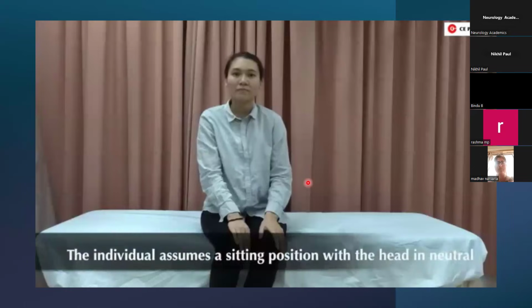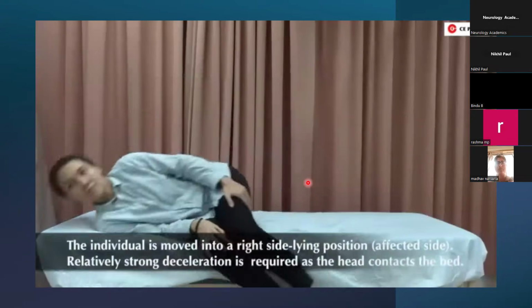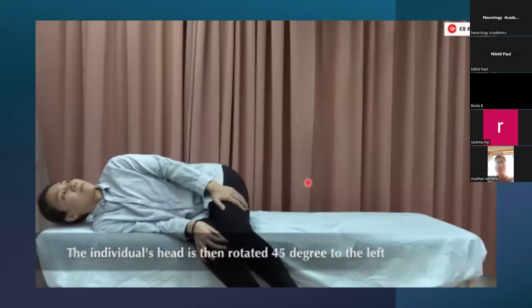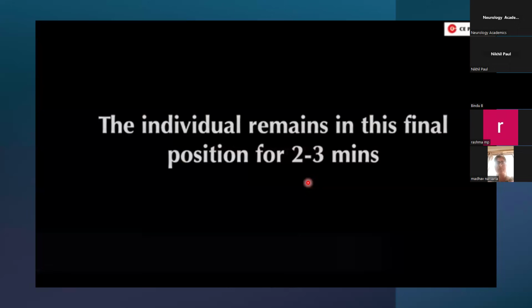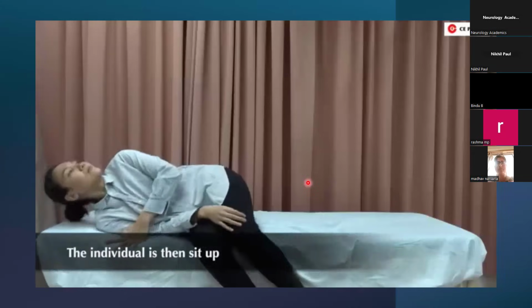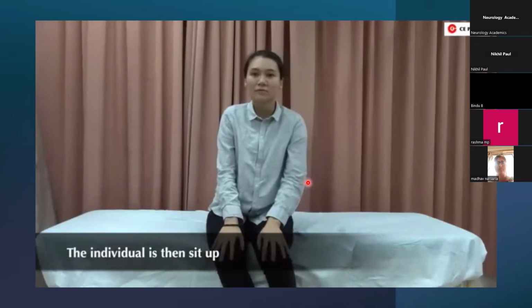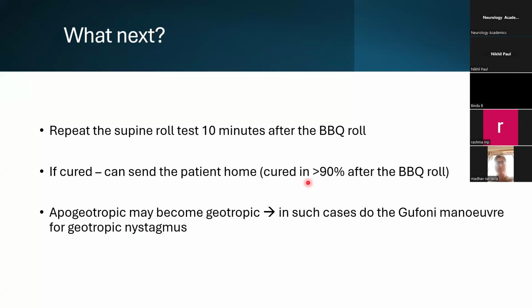For right apogeotropic, AAA, so lie on the affected ear, the head is tilted away from the ground, maintain for 30 to 45 seconds, and after that, make the patient sit up. So this is how we do the Gufoni maneuver. It differs based on whether it is a geotropic or an apogeotropic nystagmus.